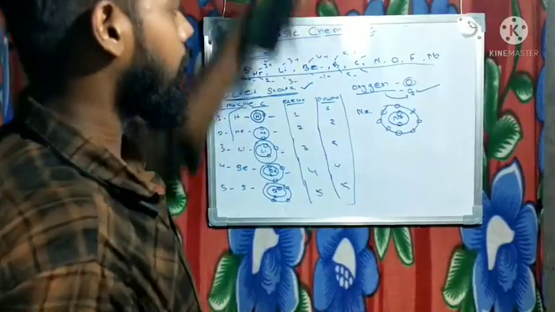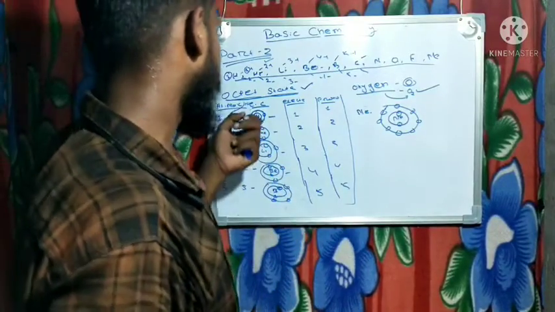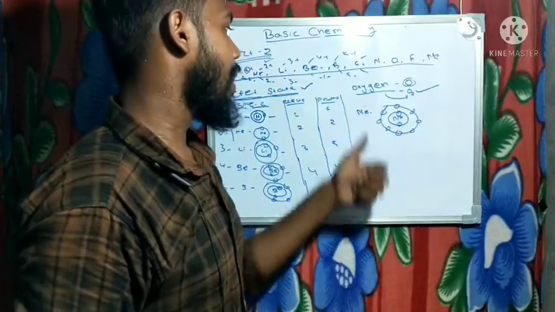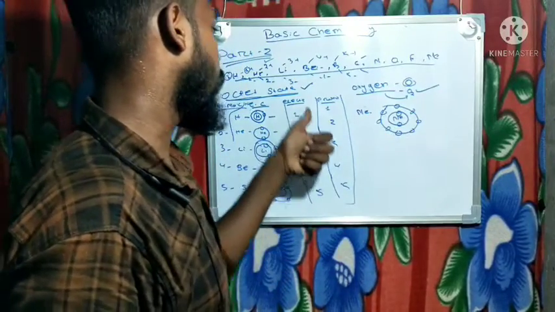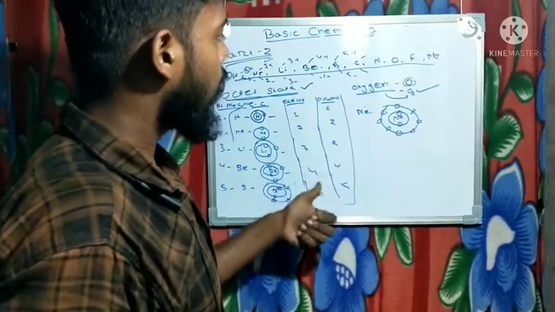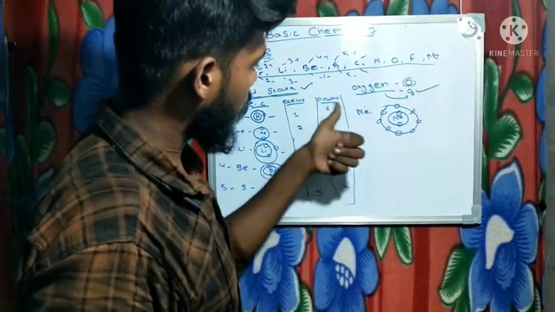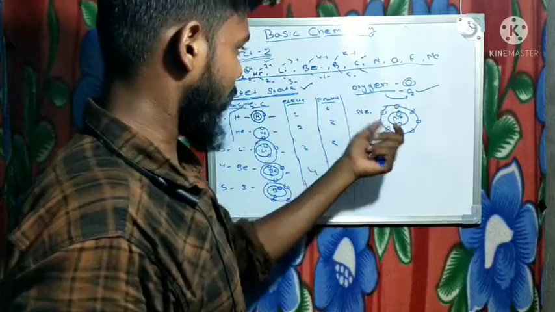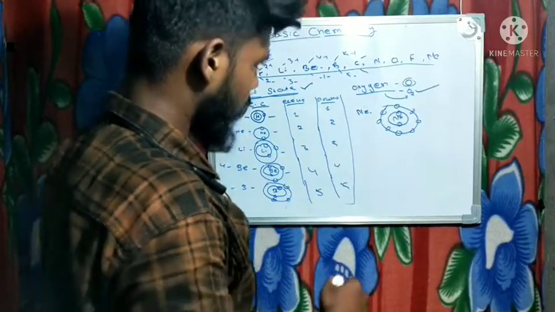If you have doubt, then I'll tell you again. See, neon has atomic number 10. As the atomic number is 10, the number of electrons should be 10. As the number of electrons should be 10, the number of protons is also 10. Now we have to arrange that in a ring format.